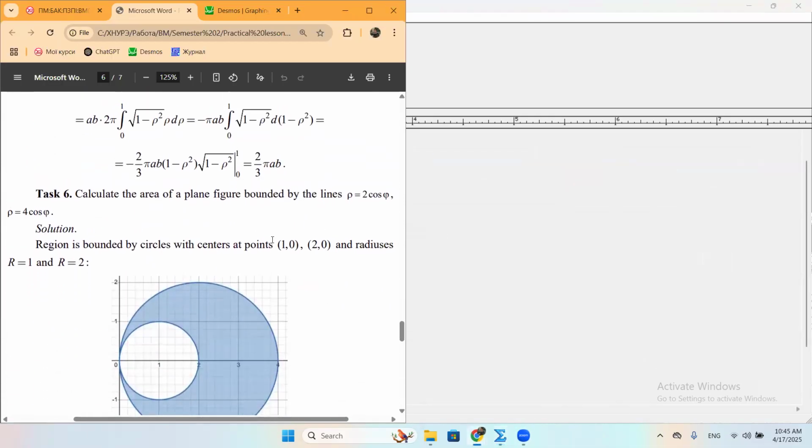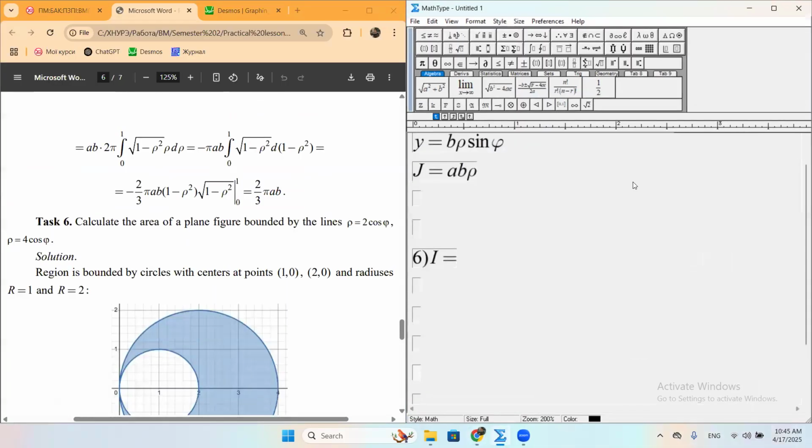So we have the following figure that is bounded by the following lines. The lines are already given. Oh, I cannot copy and paste everything to MathType. Okay, so R equals 2 cosine of phi, and R equals 4 cosine of phi.